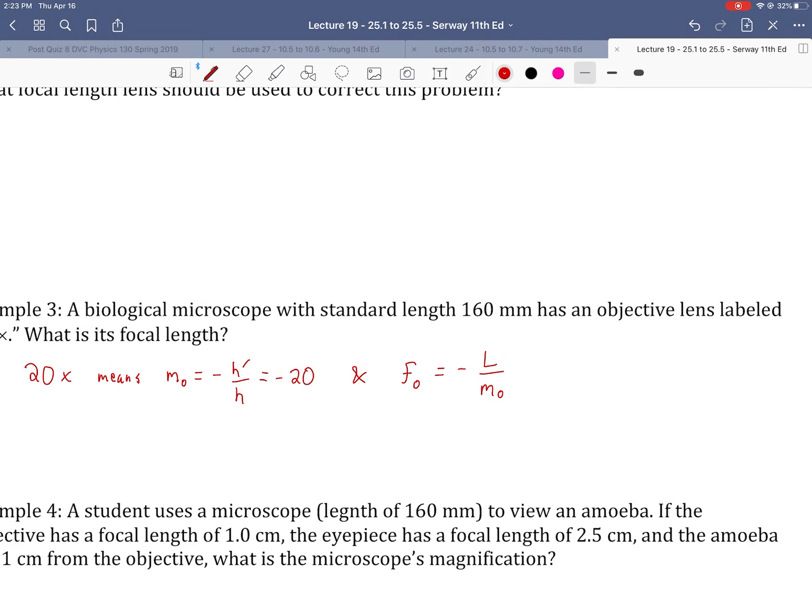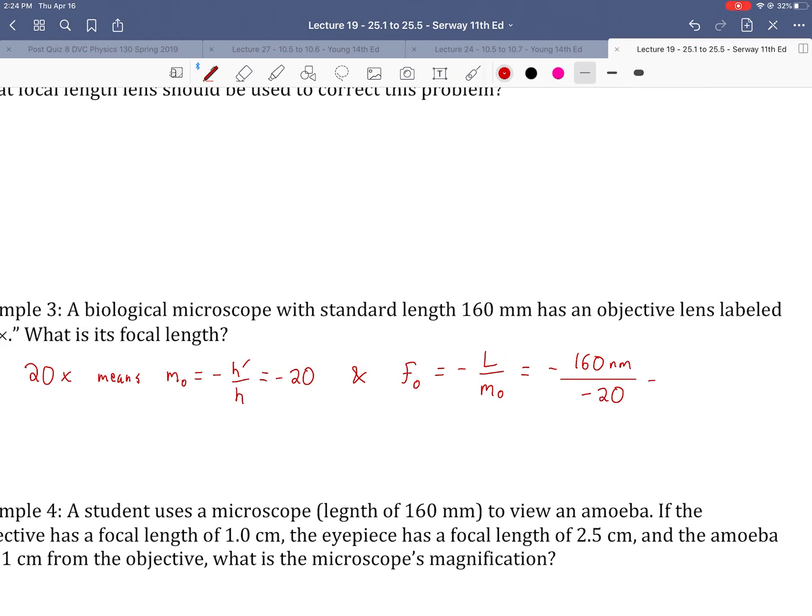And again, that's an approximation, because we're taking the distance between the lenses as an approximate point where the image is being created, the image from the objective, that is. So here we're plugging in negative 160 nanometers, and our magnification, which is negative as well, okay? So now we have a negative and negative.